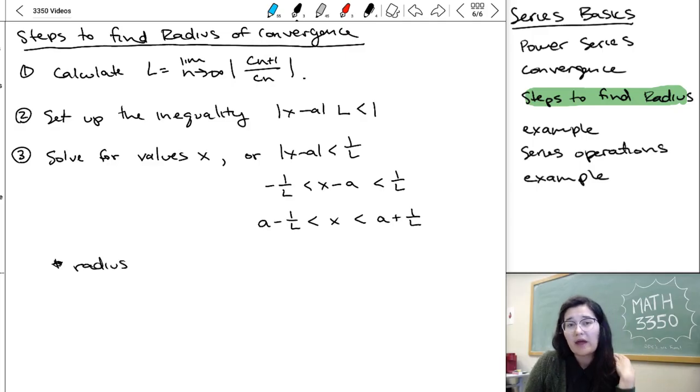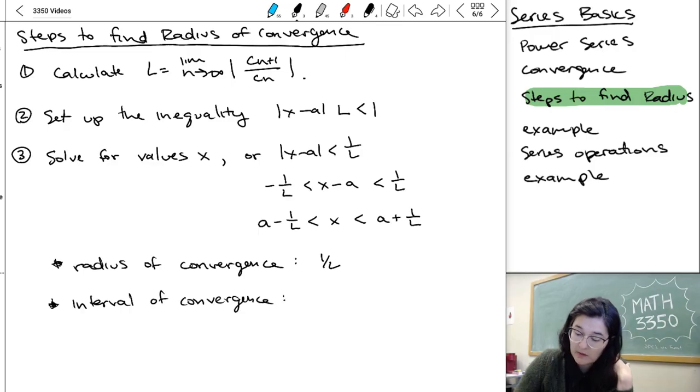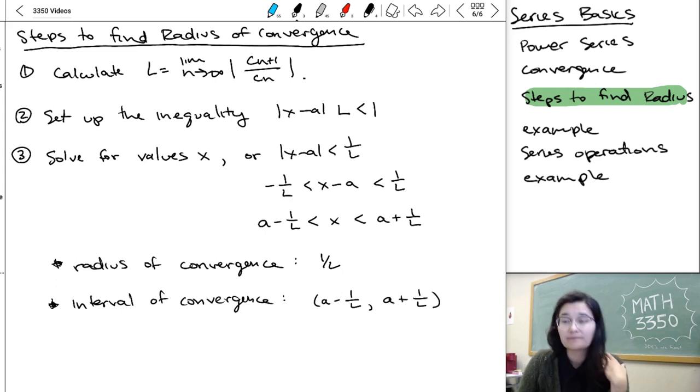In context of the vocabulary about this type of problem, if somebody asks you for radius of convergence, you want to be reporting that 1 over L. And if somebody asks you for interval of convergence, you want to be reporting that a minus 1 over L, a plus 1 over L. And I just mentioned that because it's relevant to the problems that you work on.